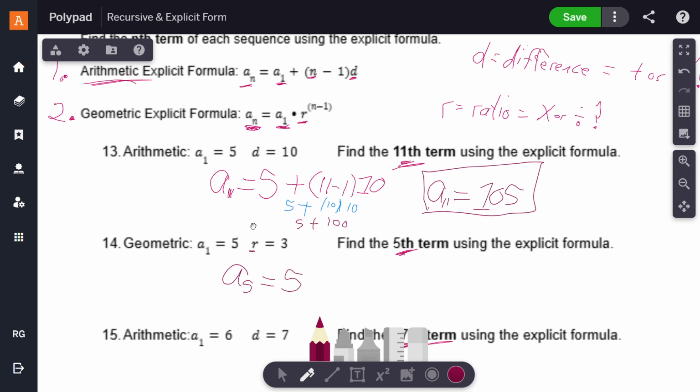The first term in this one is 5, times the ratio, which our ratio here is 3. And then we have an exponent of n minus 1. Again, n is that term number that we're looking for. Instead of the nth term, we're looking for the 5th term. So replace that n with 5 minus 1, which simplifies to 3 to the 4th power.